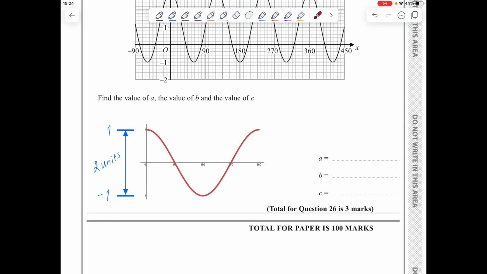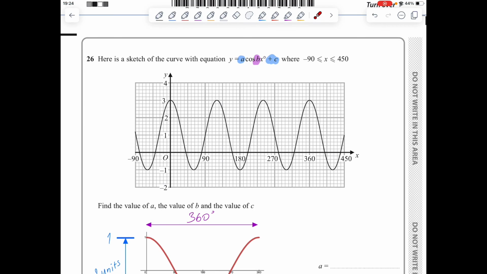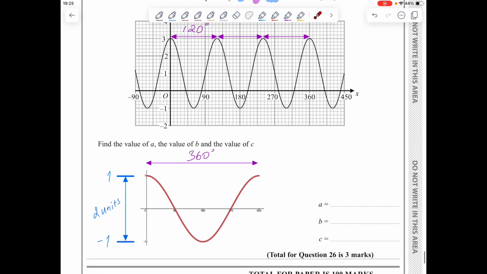It's the number of units it takes to cover a whole cycle, and in our case, this is 360 degrees. Now, on the given graph, you're going to see that successive peaks have a horizontal distance of 120 degrees, which implies that the original period was divided by 3, therefore the value of B is equal to 3.